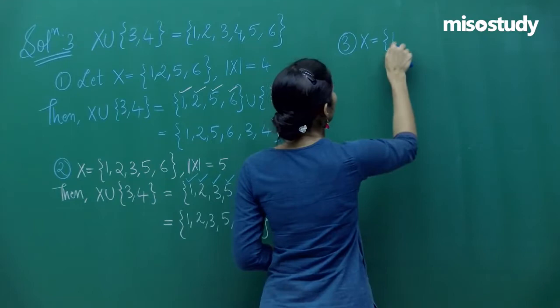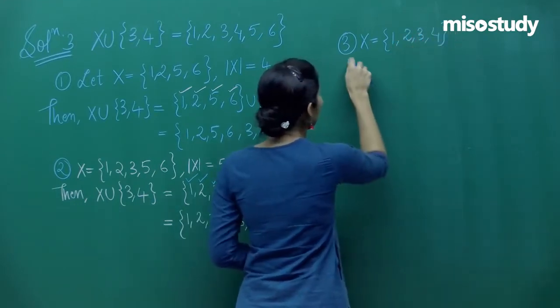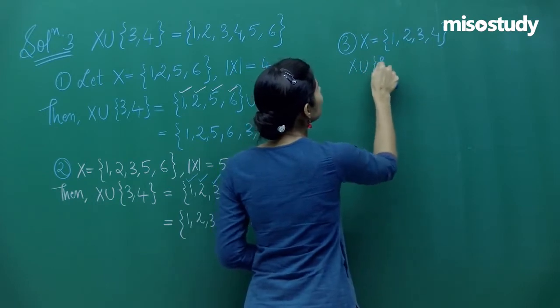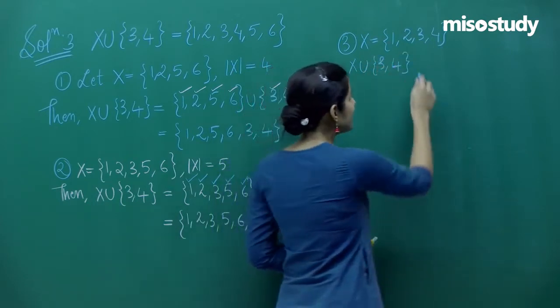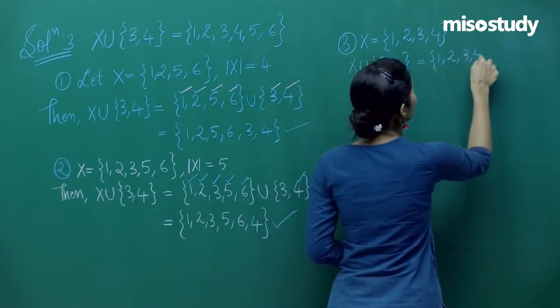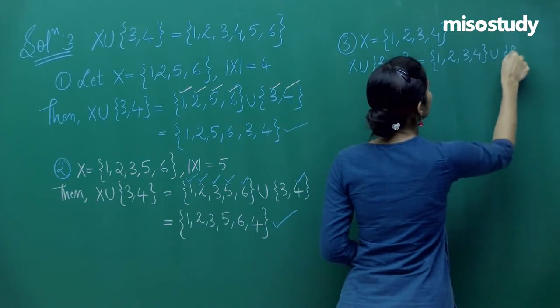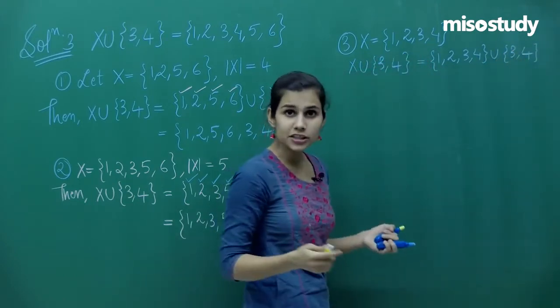Suppose x is {1, 2, 3, 4} and I am taking my x to be the union with the set {3, 4}. Then I obtain {1, 2, 3, 4} union {3, 4}. I have to collect the distinct members.